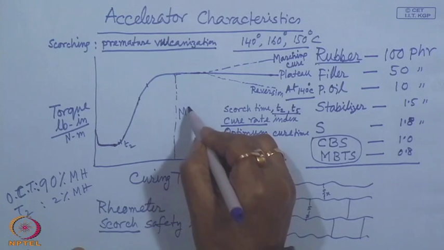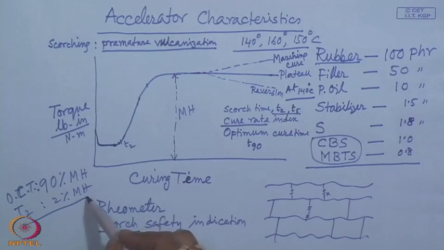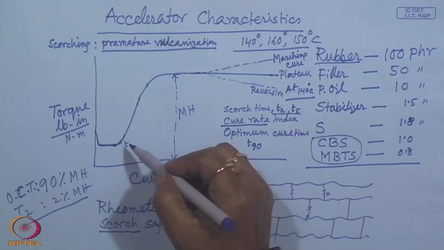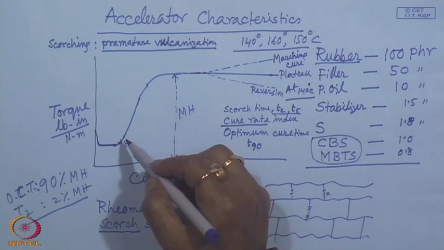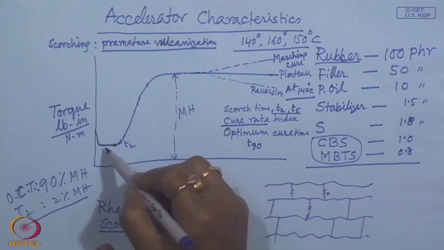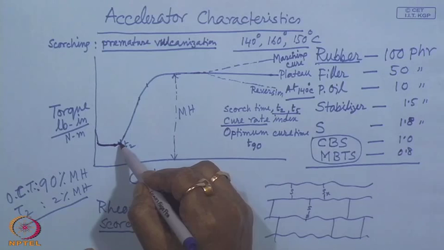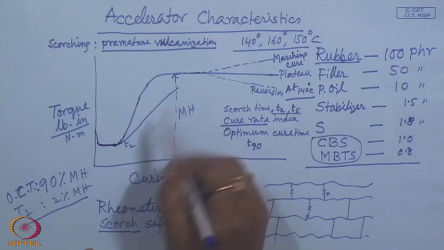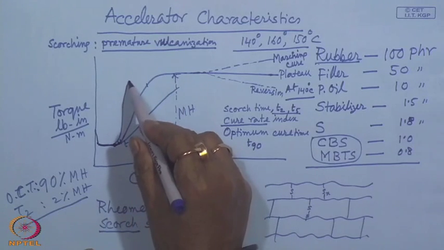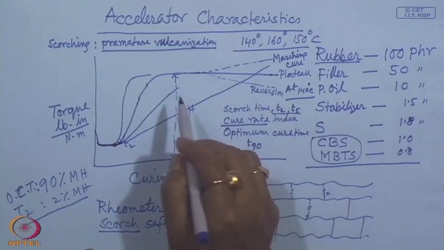This is mH. Okay. So, this is one parameter, this is one of the accelerator characteristics, and the curve can rise this way, or this way, or this way, or this way. So, these are known as the characteristics.